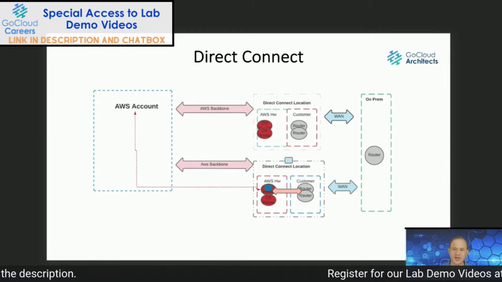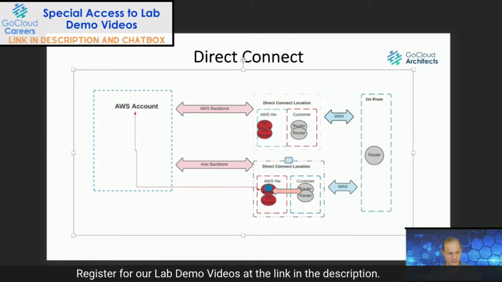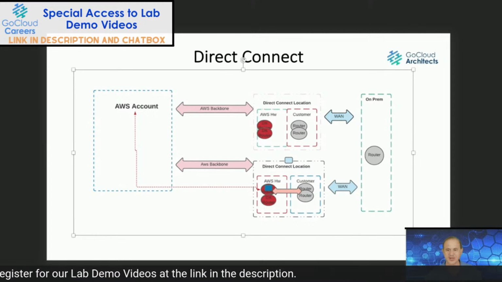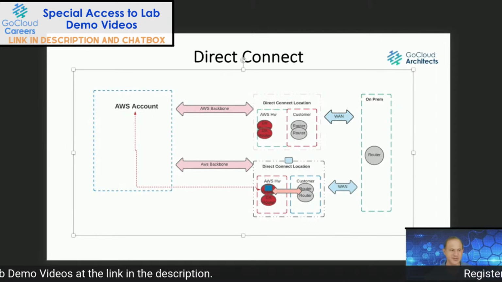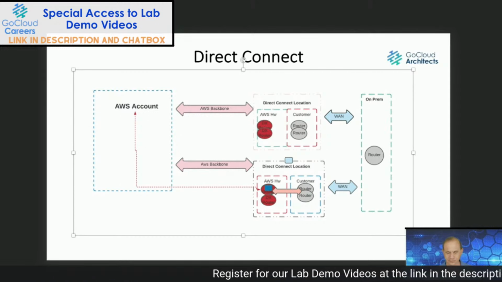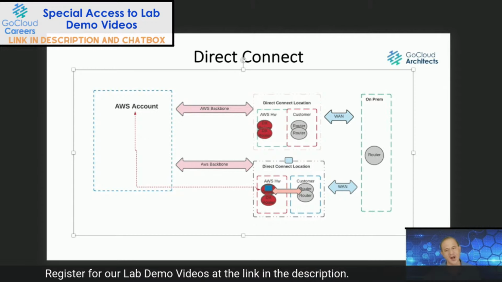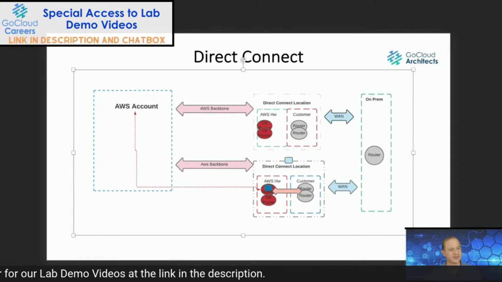So what happens? We get a connection to here. Now in the direct connection location, we have our own routers or switches, our stuff. So we're buying a connection from our router to our router. Now, just because we get a connection from our router to our router doesn't mean we can reach AWS.